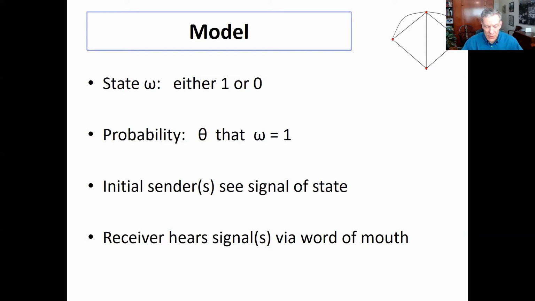We'll think of this as moving on a platform from one person to another, and the receiver eventually hears signals via word of mouth, which could be actual conversations, emails, postings, whatever.